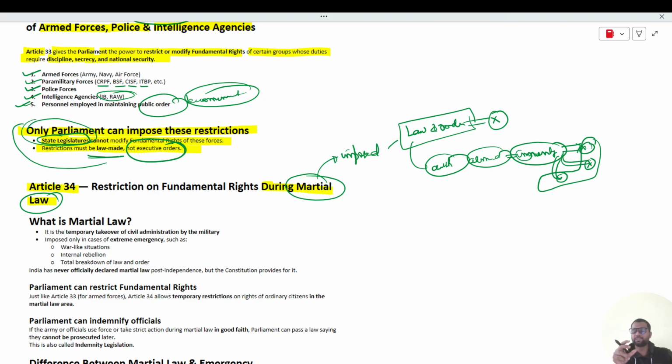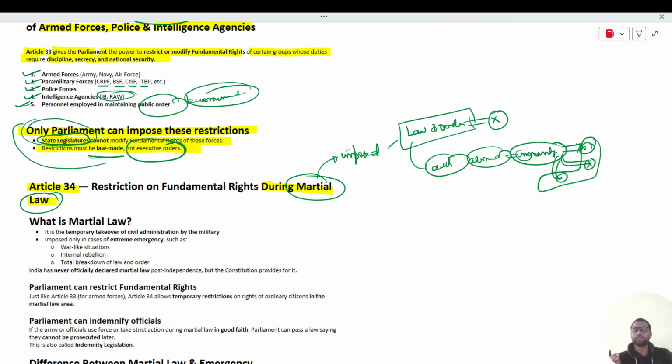And that is why it is made so harsh. If there is no option to restore law and order, it has gone so bad, so extreme, that restoration of law and order by normal laws is not possible, then martial law is imposed.